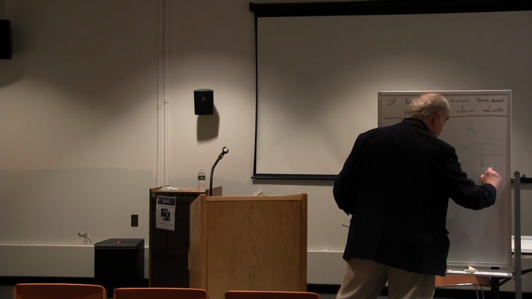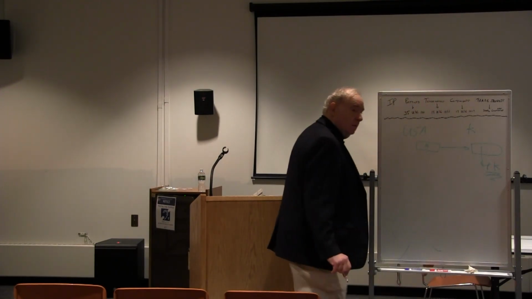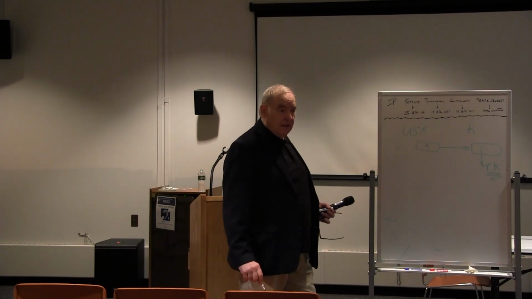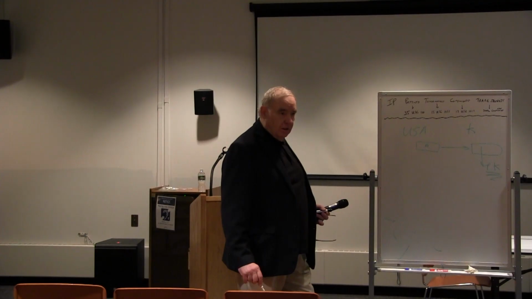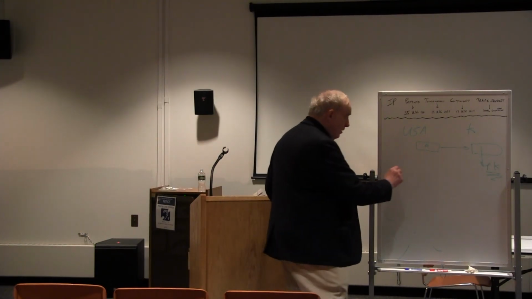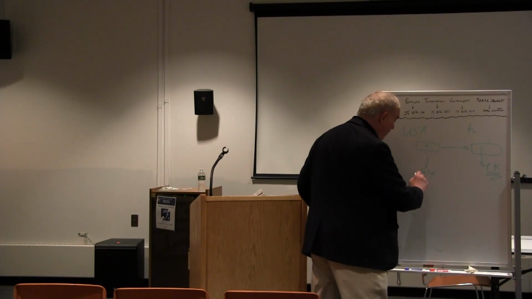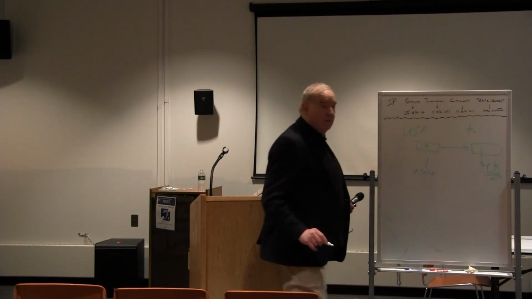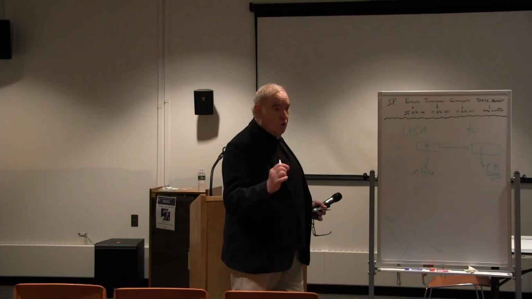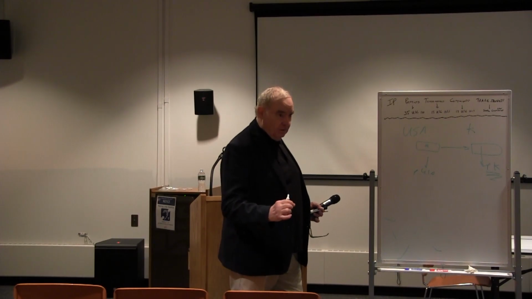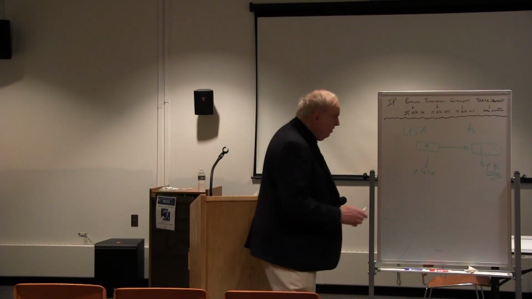A Korean patent has no validity in the United States of America. Comparably, a USA patent has no validity in Korea. Zero, means nothing. Okay? So how do we handle this?